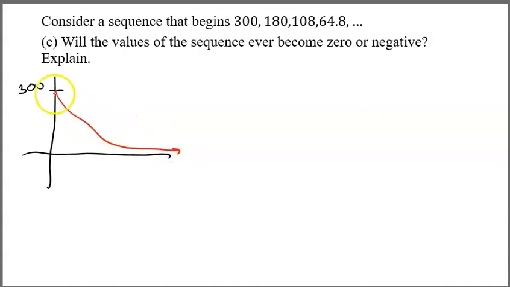From our knowledge of exponential functions, we know that this will approach the x-axis but never touch. And why? Well, 0.6 is the same thing as 60%. As I keep taking 60% of a number, I will always get a number back.